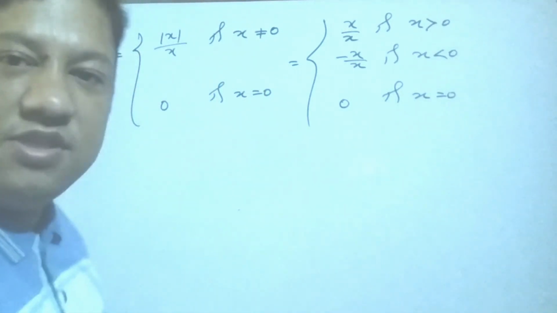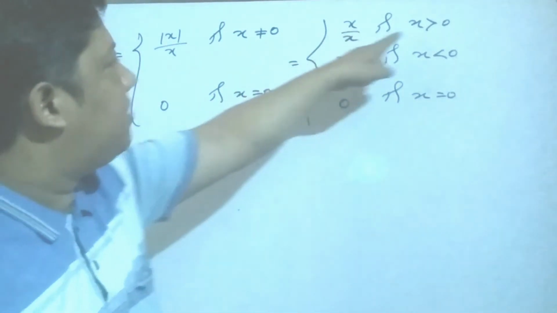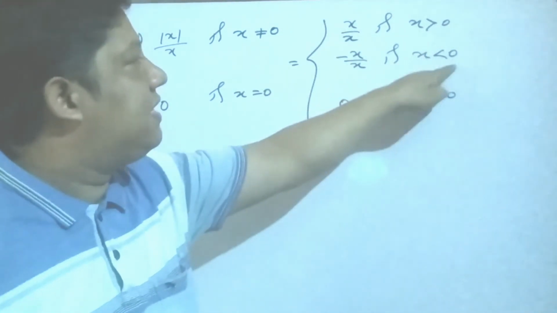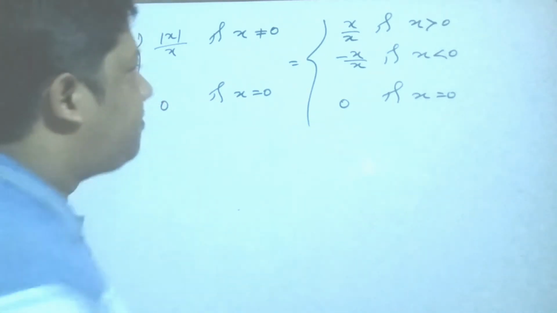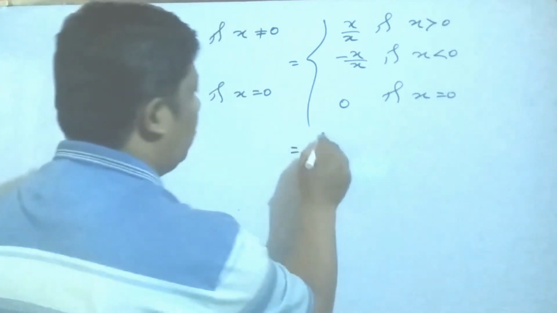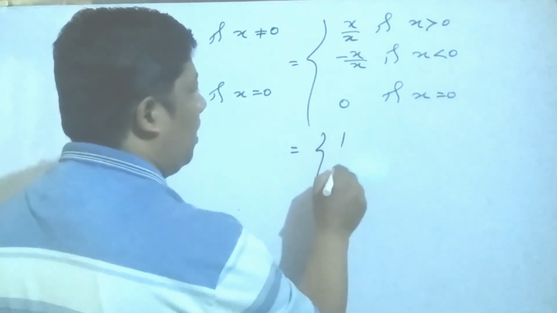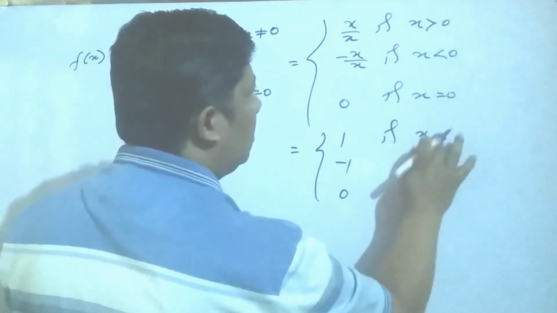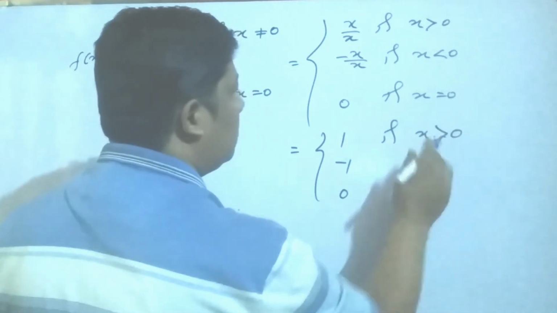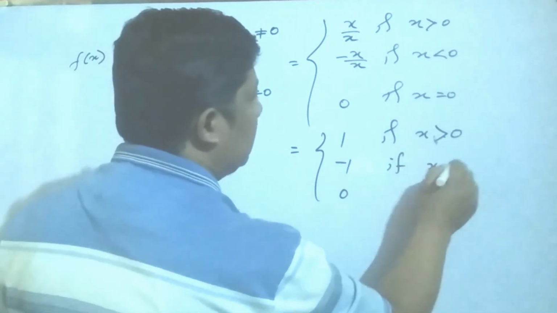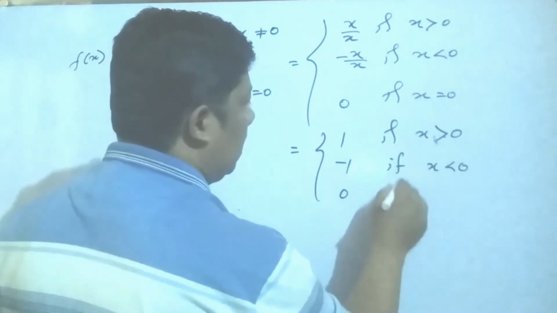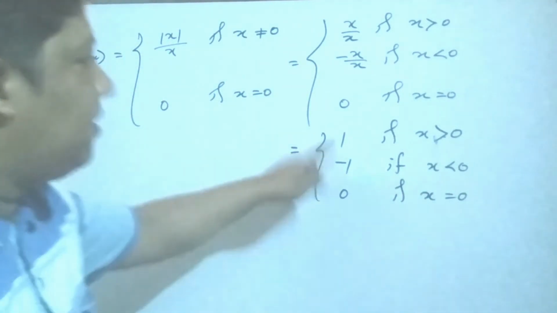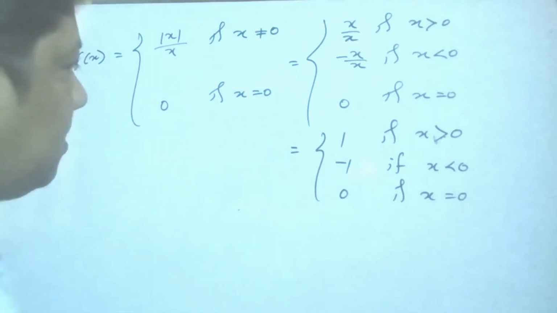You understand my dear students? Just according to this, if x is positive, you have to write the plus sign. If it is negative, you have to write the negative sign. So in these cases, when you cancel, you get 1, minus 1, 0: 1 if x greater than 0, minus 1 if x less than 0, 0 if x equal to 0. So I get this below, these two below I already get.